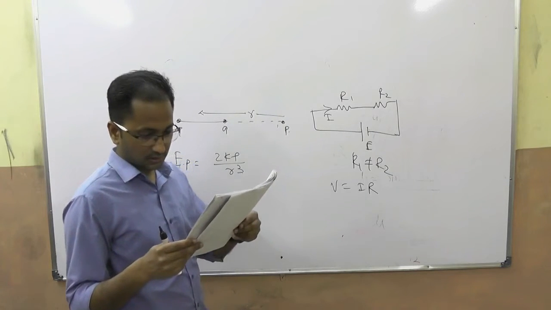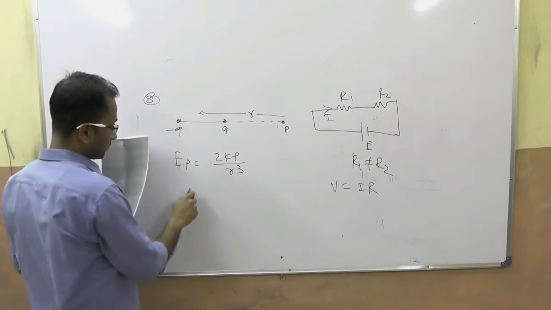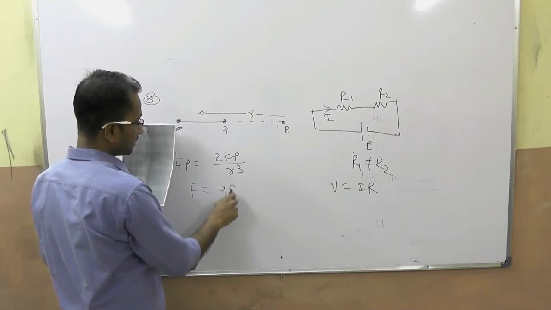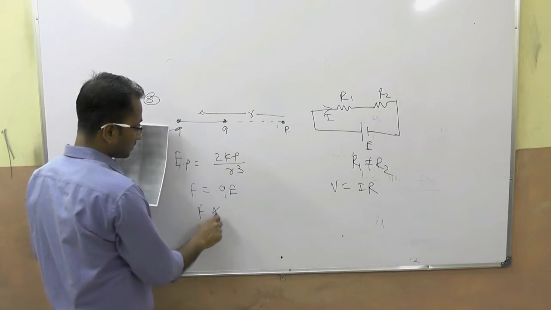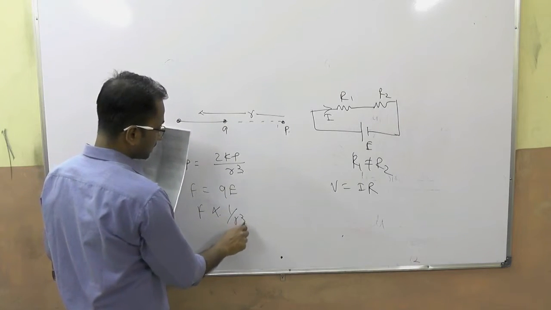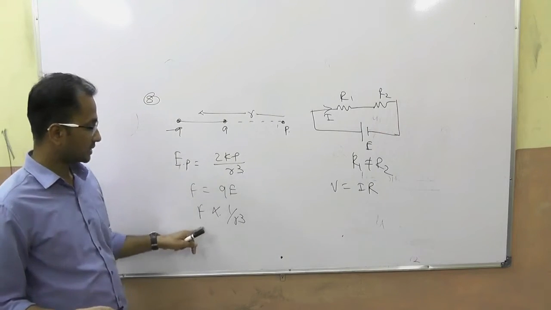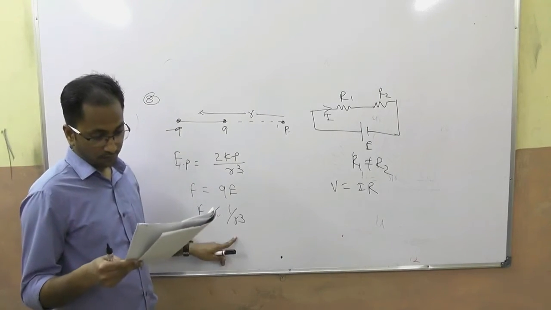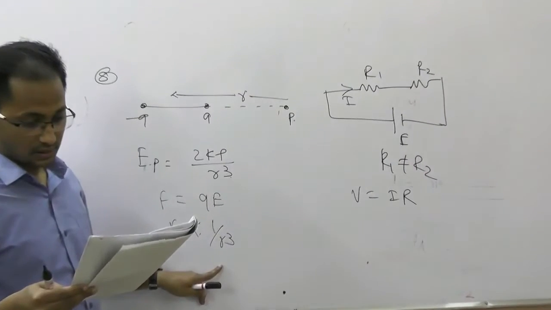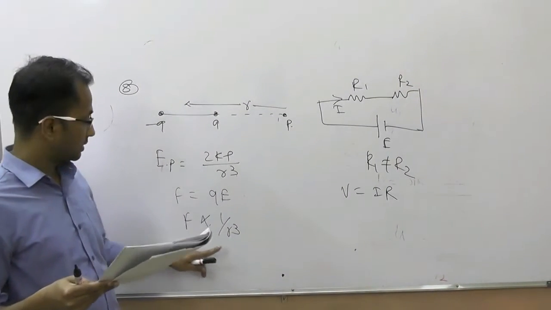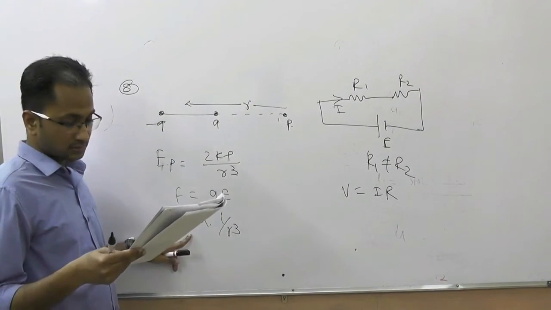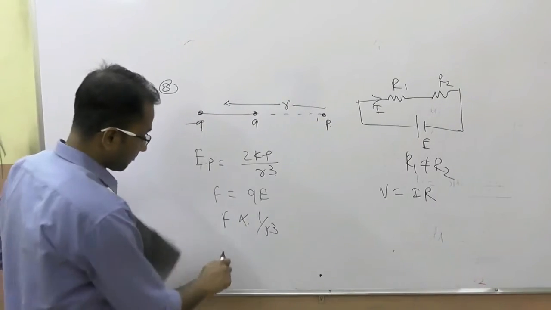The charge experiences a force equal to qE. F is directly proportional to 1 by r cube. If the distance is doubled, then F becomes F by 8.